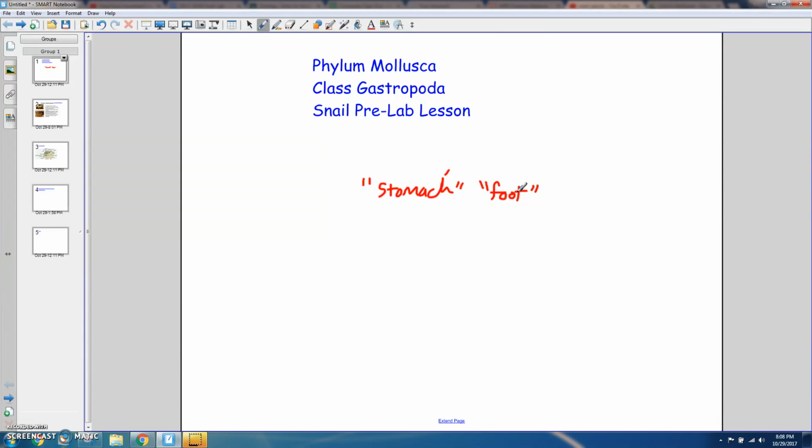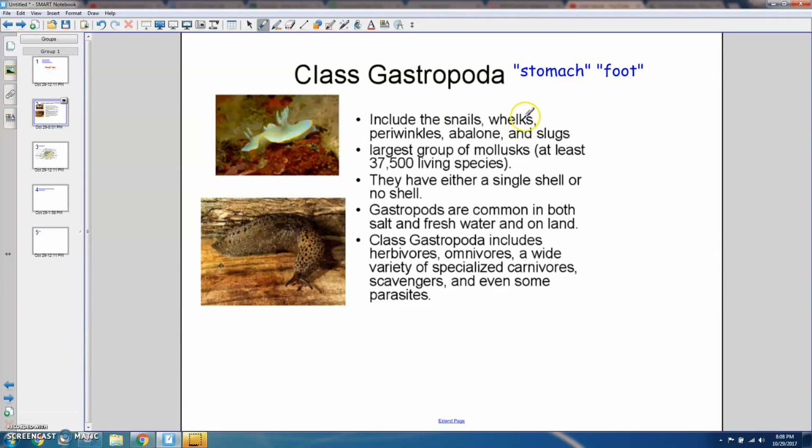So these organisms are known for their fairly large feet and how that has been modified within the basic body plan of mollusks. Some general information about gastropods.